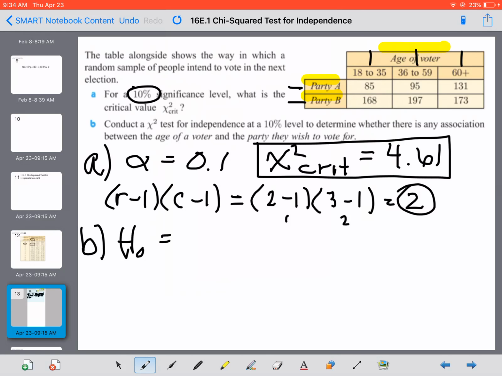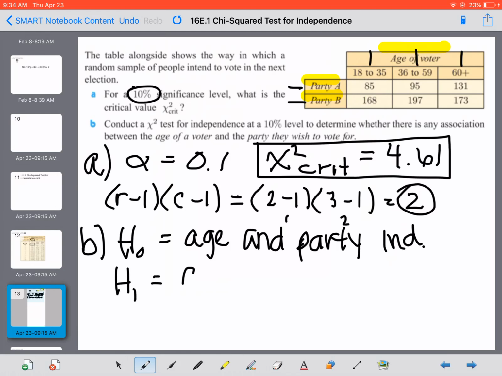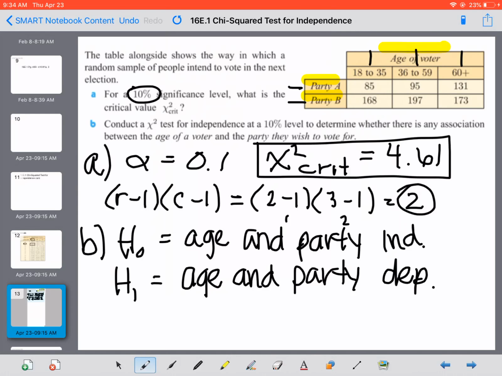H sub 0 is that age and party are independent, and H sub 1 is that age and party are dependent. Remember, H sub 0 is always that they are independent, and H sub 1 is that they are dependent. We already have identified our significance level and our crit.